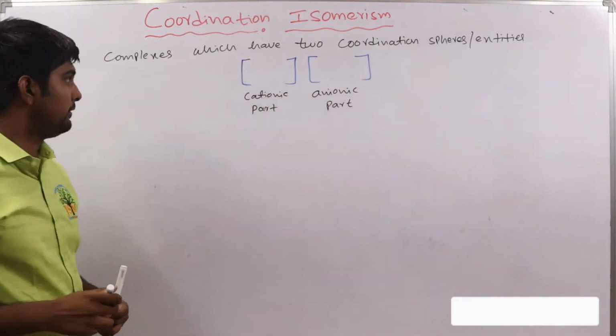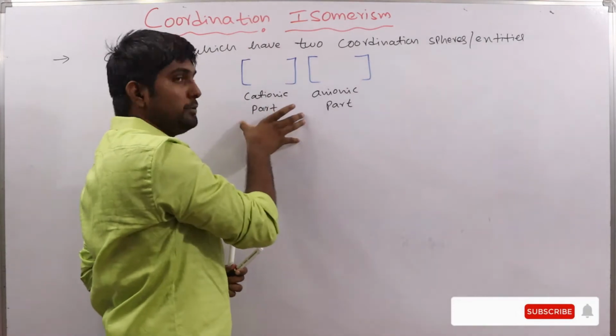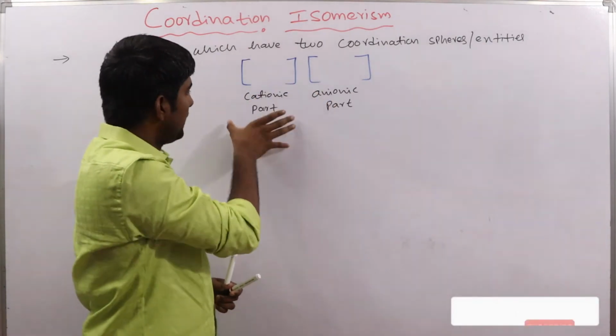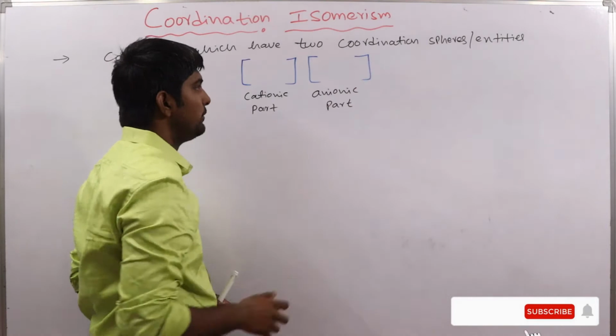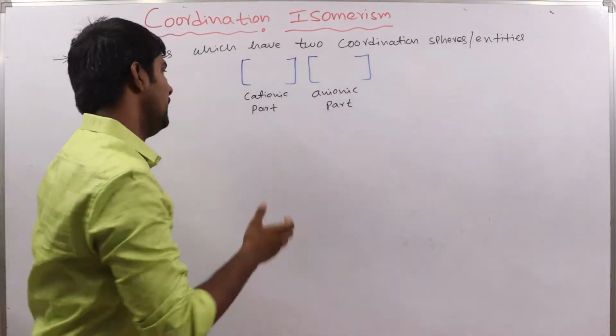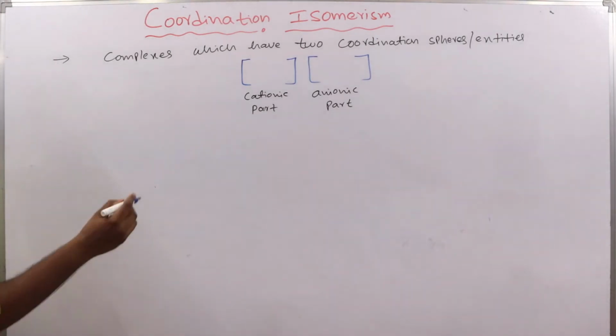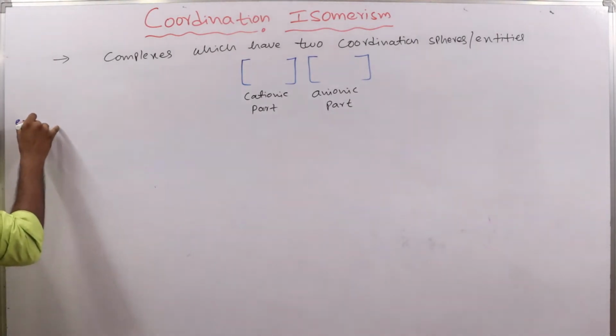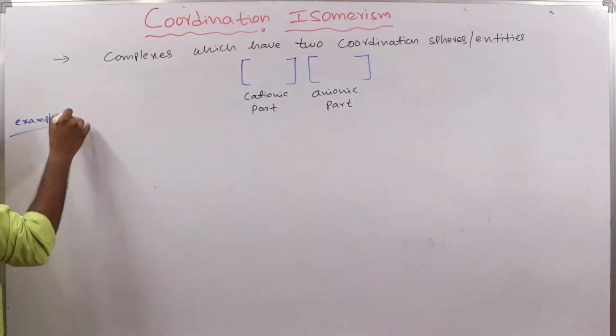Clear? The left side coordination sphere in these complexes is the cationic part and the right side coordination sphere is the anionic part, which we already discussed. Let us see with examples, then you can understand very easily.